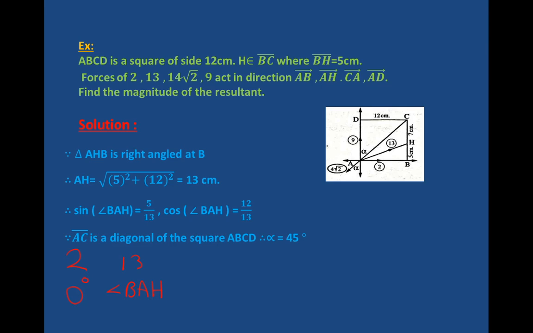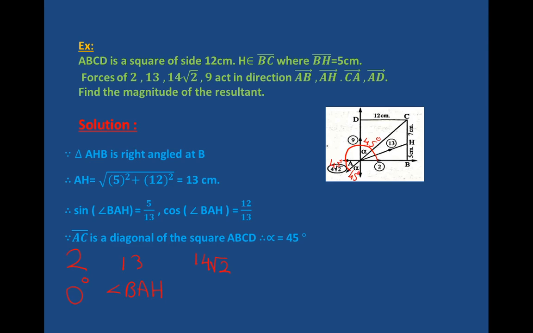And the third force equals 14 root 2, and its angle equals 180 degrees. Measure of angle alpha equals 45 degrees. This is alpha 45 degrees. They are vertically opposite angles. Therefore, this angle also equals 45 degrees.